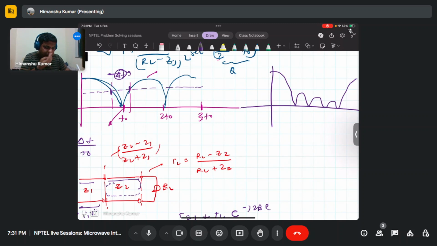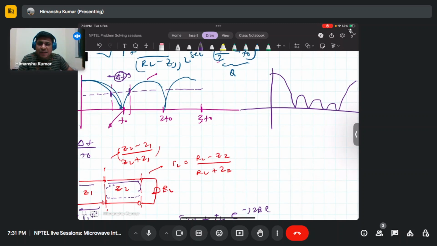Depending on whether you can tolerate these ripples, as with Chebyshev versus binomial lines, if the ripples are smaller than your acceptable tolerance, then you can say the impedance is matched within this broadband range.